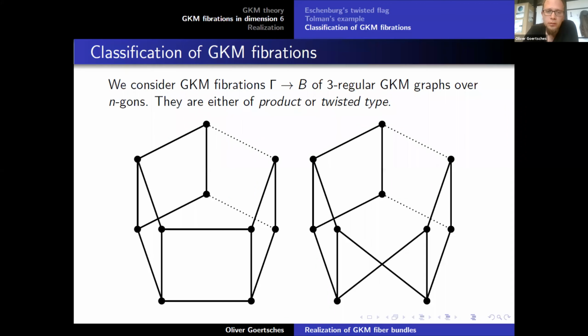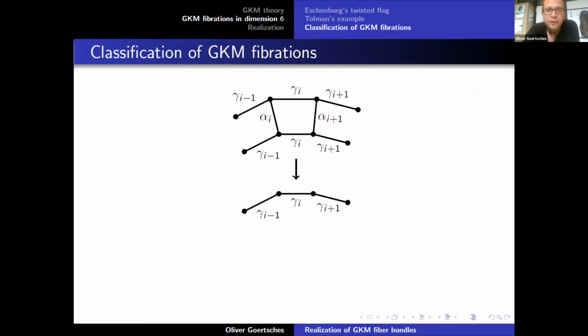And then, of course, you have much greater flexibility when you look at labels. So we classified all possible labelings of these graphs. Here is again a GKM fibration. I just drew one portion of it, so I look at the fibration locally. I don't care about whether this thing is of twisted type or of product type at the moment. This GKM fibration notion tells us that the horizontal weights here and here are the same as the weights down here.